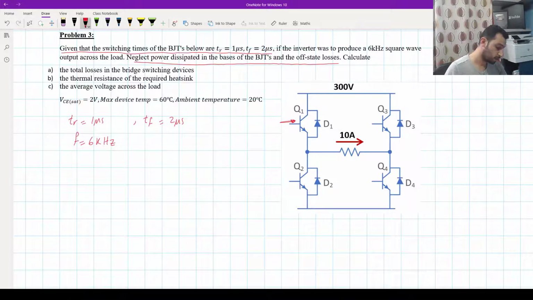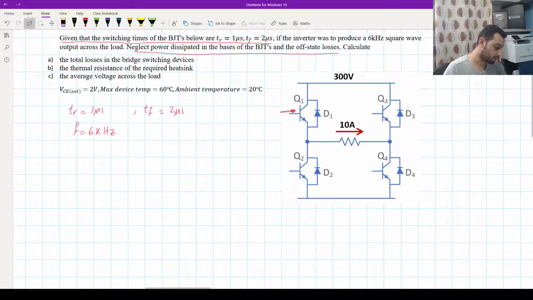Calculate first the total losses in the bridge switching devices. When the question asks about this, that means all the switches, the transistors and the diodes, because the diodes are switches as well. Now remember, we have a resistive load, and that means it accepts any change in current, in direction and value. So what is the pattern for switching this inverter? We switch Q1 and Q4 together.